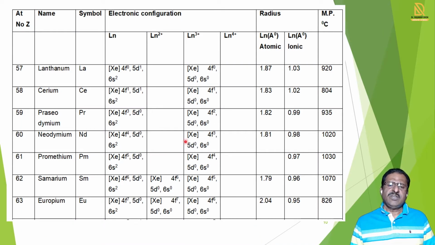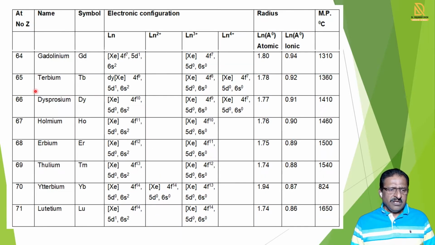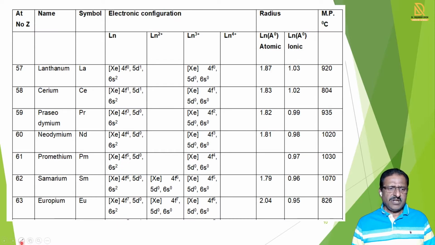Now we see this table, and in that table we see the electronic configuration of these lanthanide elements. The lanthanide series starts from atomic number 57 and its last member is 71. So what are the names? 57 lanthanum, symbol La.